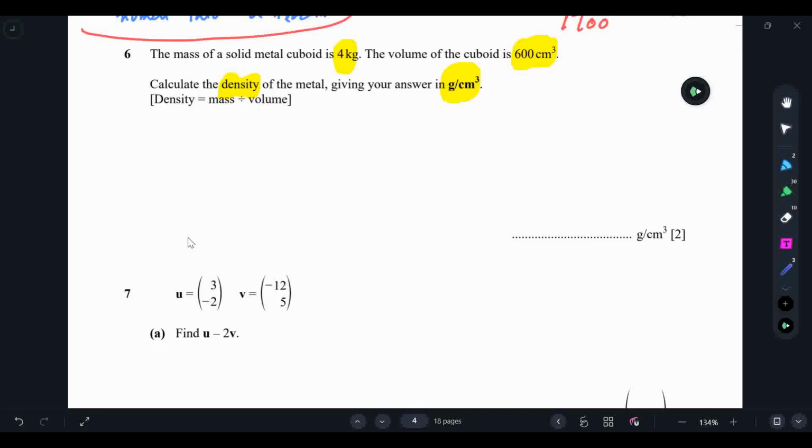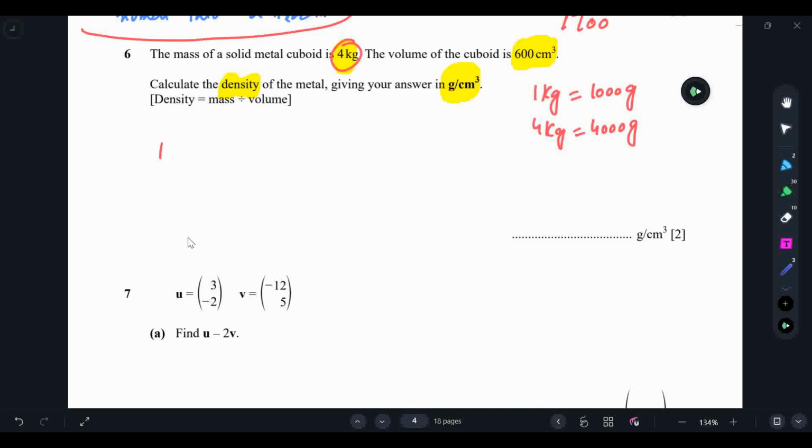So what we have to do is we need to convert our values as per the required answer. So we know that 1 kg is equal to 1000 grams. So 4 kg will be equal to 4000 grams. Now the formula is given to us.